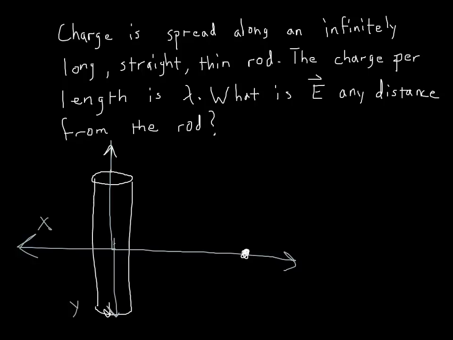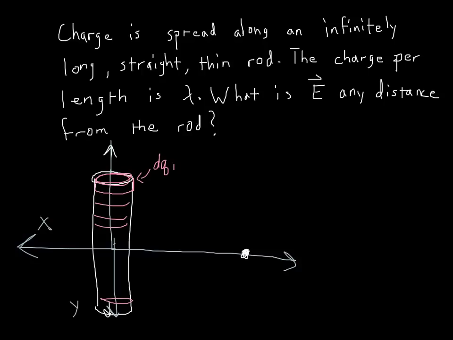Well, I'm going to have a little piece of charge, some little piece that I'm going to break my rod up into. So we'll call this my first little charge piece, dq1. And I'm going to have a dq2 and a dq3, 4, and so on and so forth, all the way down to where I get to a dq2.